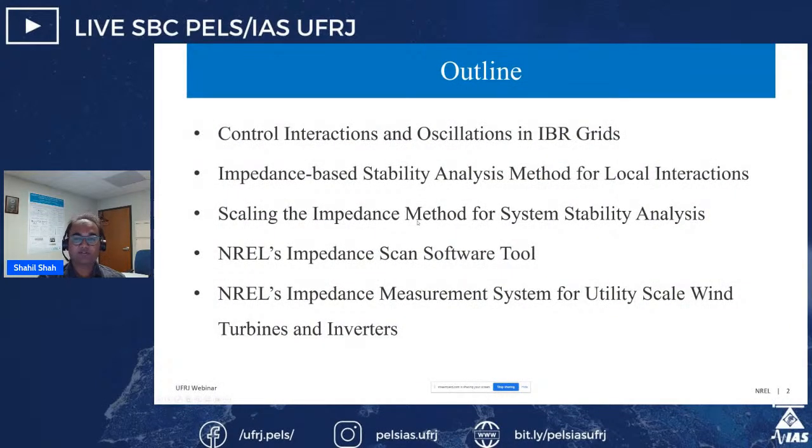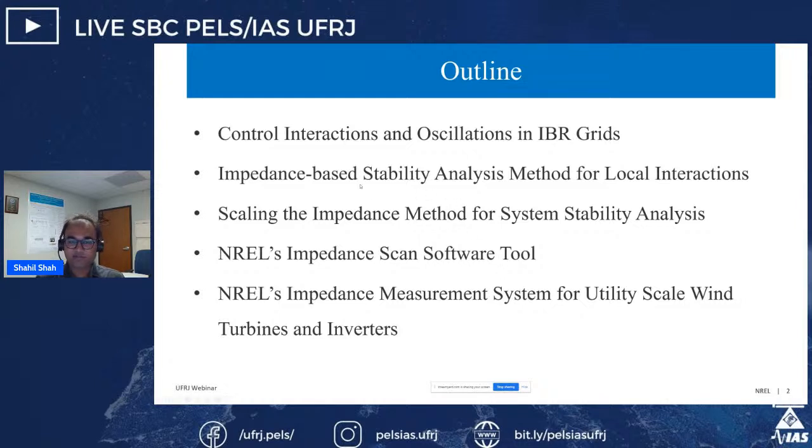I'm going to talk about these problems of control interactions and oscillations in grids that we are seeing more and more because of penetration of inverter-based resources, or IBRs. By IBR, I mean wind and PV plants or FACTS devices, HVDC converter stations; anything which uses power electronics can be called an IBR in a way, and because of fast dynamics, they create these oscillations and resonance issues.